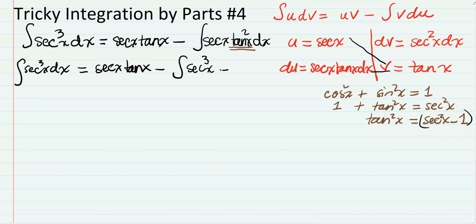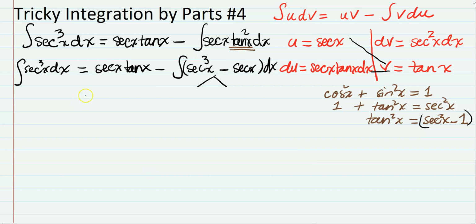Minus the derivative of secant times 1 is secant x dx. Okay, now this one right here, we can split into 2, right?